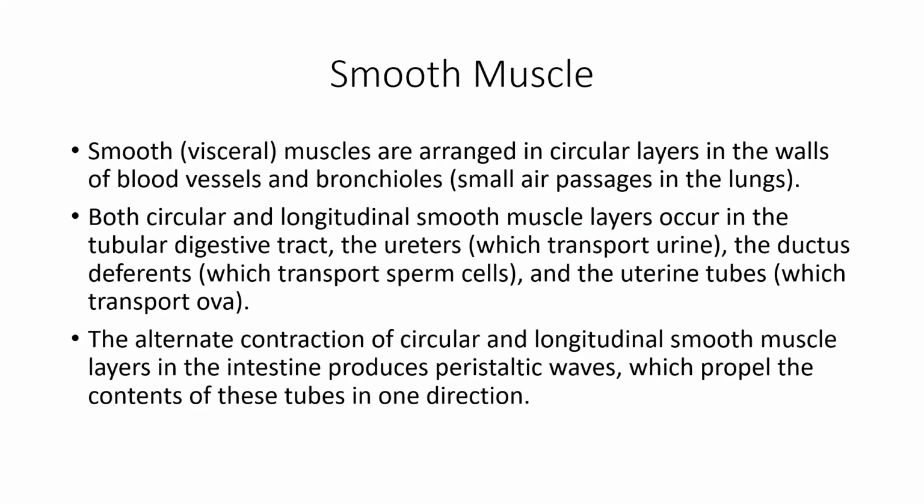Also, both circular and longitudinal smooth muscle layers are located in our digestive tract, in the ureters, in the ductus deferens, which transports some sperm cells, and the uterine tubes, which transport some ova. And alternate contraction of the circular and longitudinal smooth muscle layers in the intestines, for example, produces what's called peristaltic waves, which are really special and important for digestion, which propel the content of these tubes in one direction.